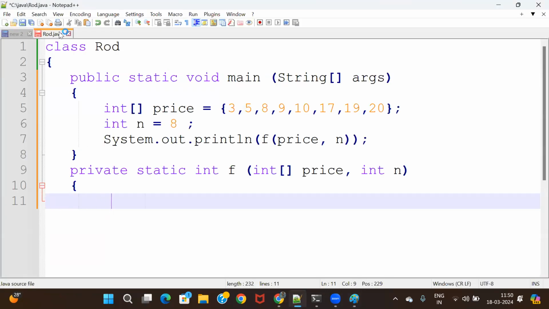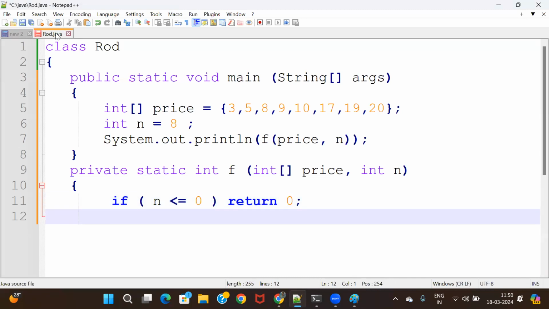First exit condition: if n is less than or equal to 0, then return 0. Otherwise, for different options, you have 4 options, there are 4 different types of lengths available.